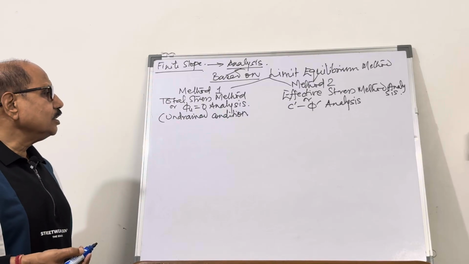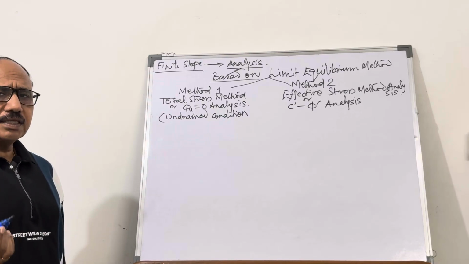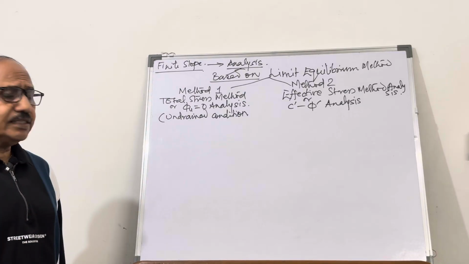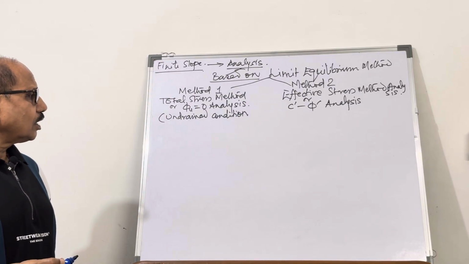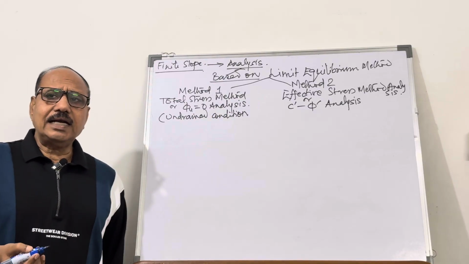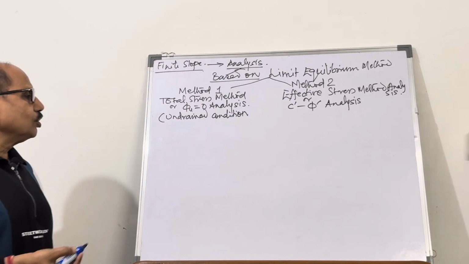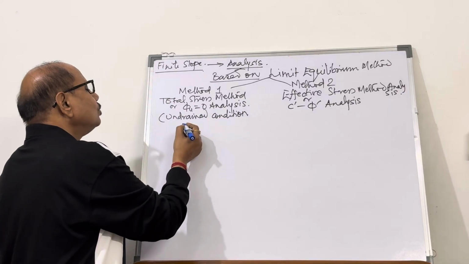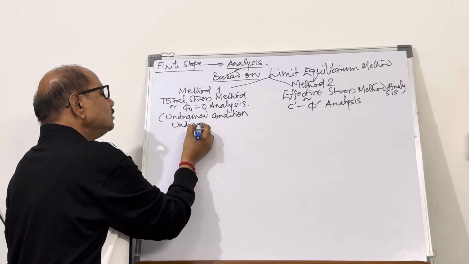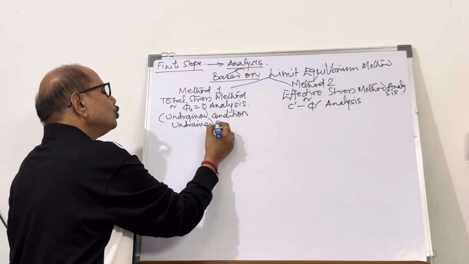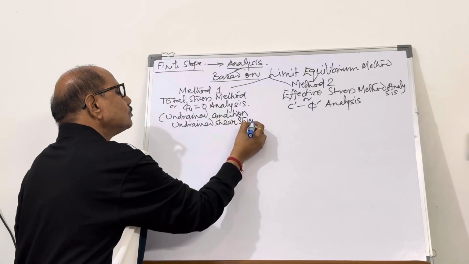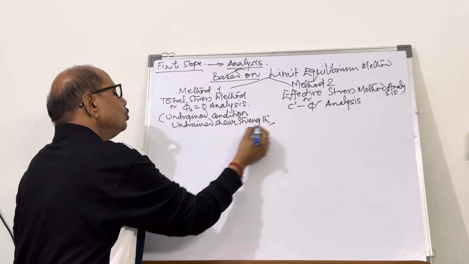After the construction is over, after you have constructed the embankment, the undrained condition prevails, and you require to know the undrained shear strength, Cu.